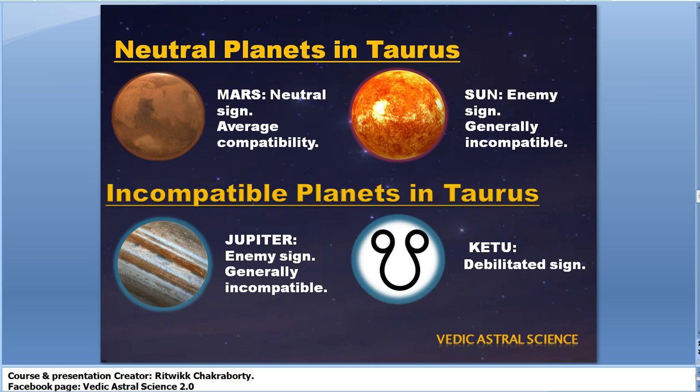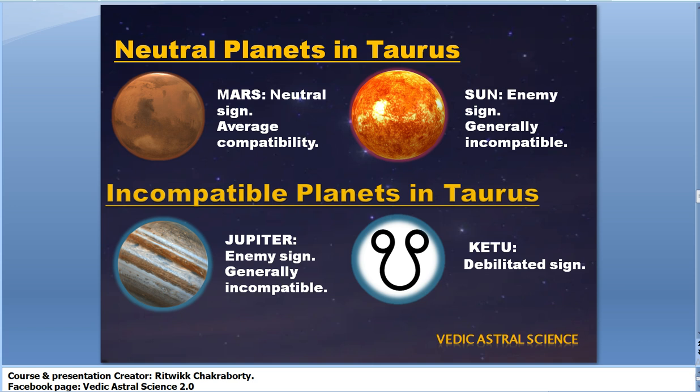For Sun, Taurus is an enemy sign, so it is generally incompatible. And Prithvi Tattva is also not a good match for fire element planets. So this is true for Mars also. But Sun has one advantage here, which is that the sign Taurus is the 10th house from sign Leo, which is the Mool Trikon Rashi of Sun. So the same Sun in Taurus for a Leo ascendant will have the potential to grant career success and recognition, because in the 10th house Sun gets full directional strength.